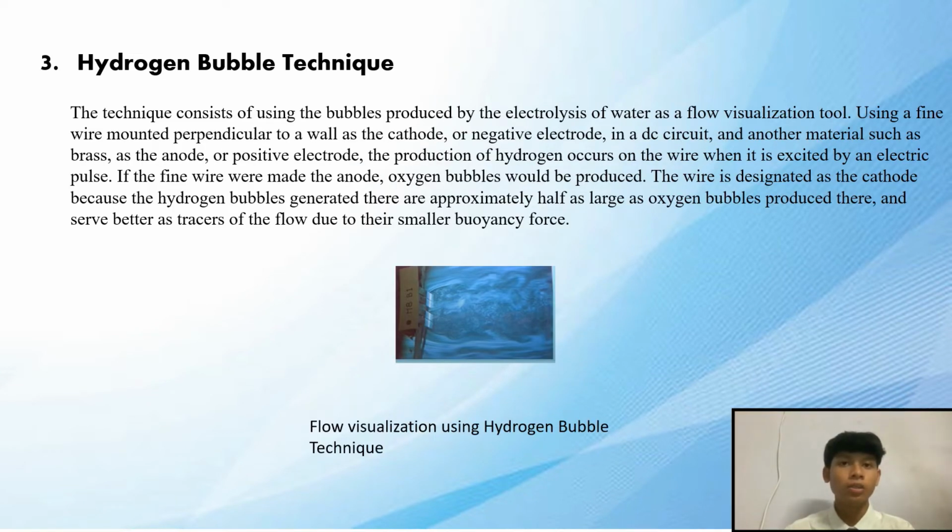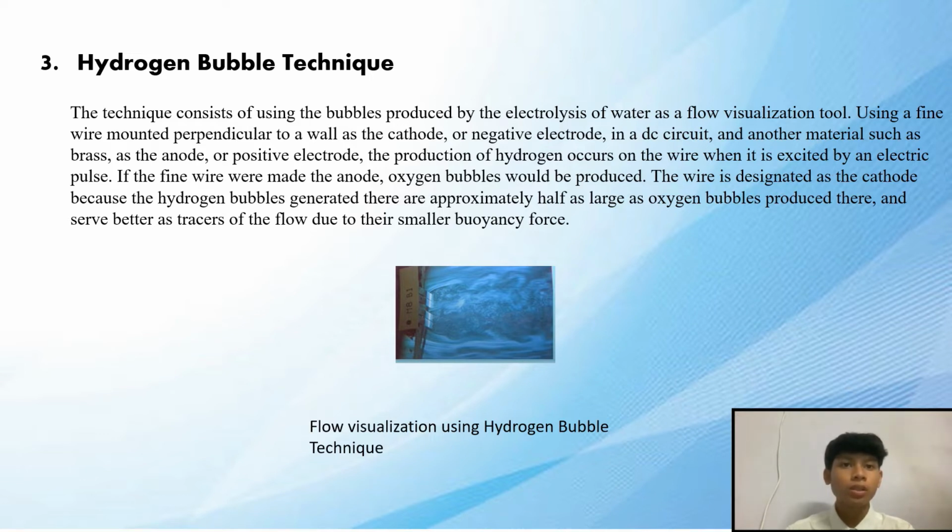Next, I will continue about the hydrogen bubbles technique. The technique consists of using the bubbles produced by the electrolysis of water as a flow visualization tool. It uses a fine wire mounted perpendicular to a wall as the cathode or negative electrode in a DC circuit, and another material, such as brass, as the anode or positive electrode.